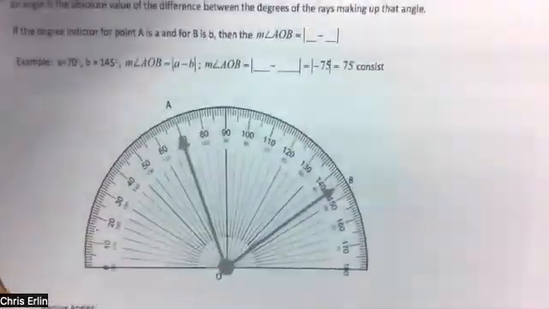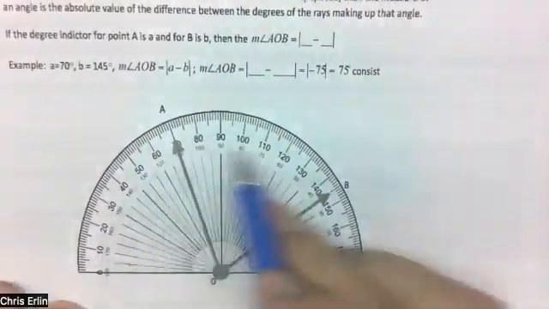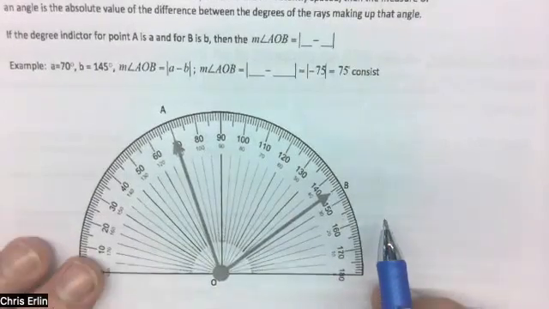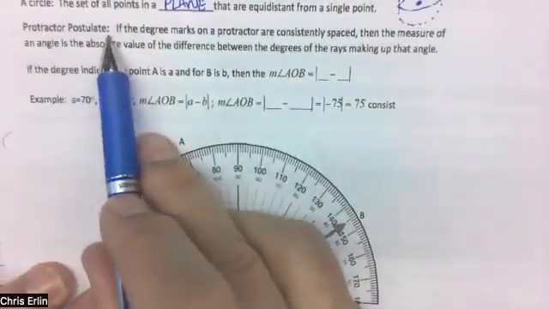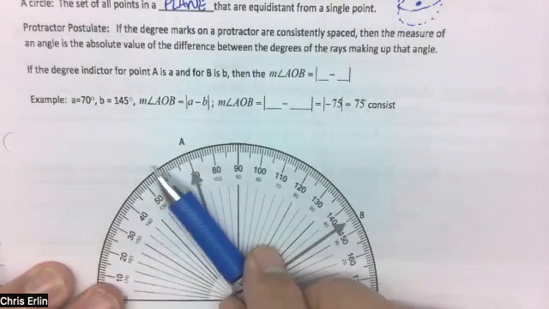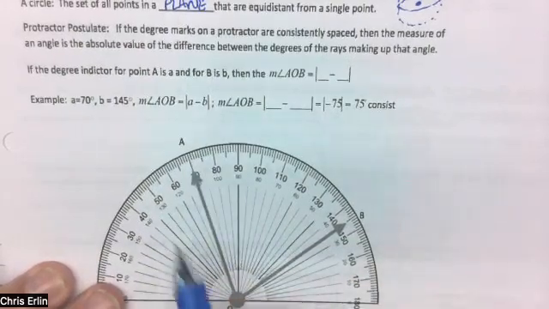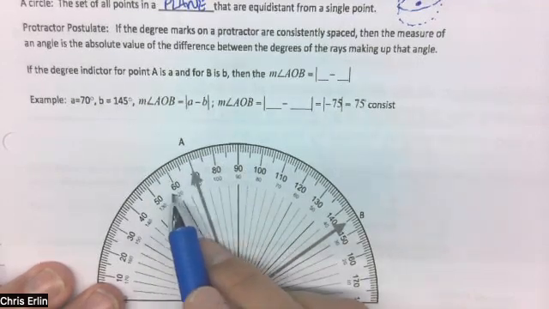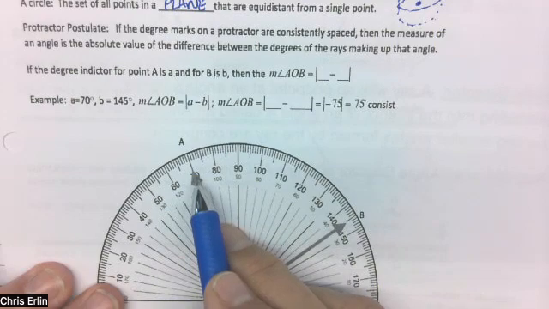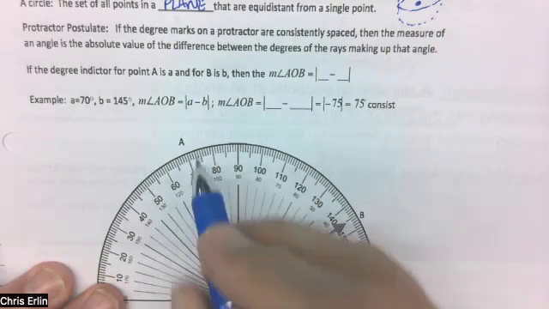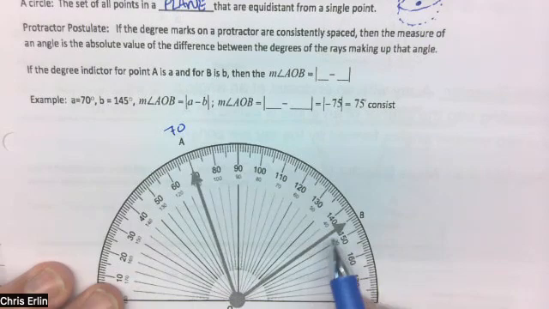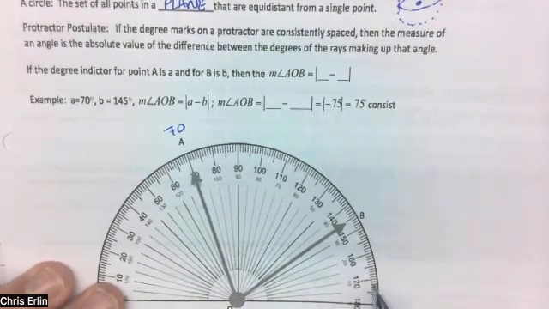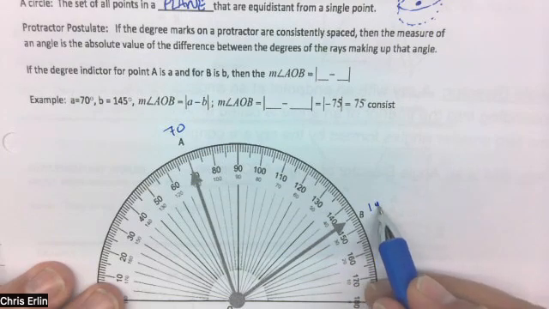Now we're looking at this protractor. This thing is called a protractor. And we talked about the protractor postulate. The degree marks are just evenly spaced around this. And we know that this point A is at what value on the protractor? What was that pointing at? 70, good. And this point B is pointed at what? 145, good.